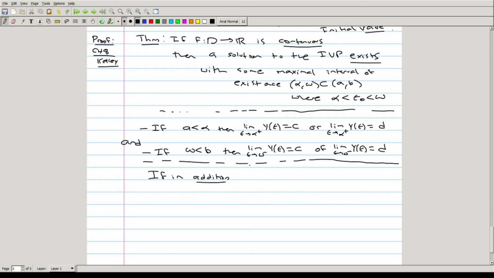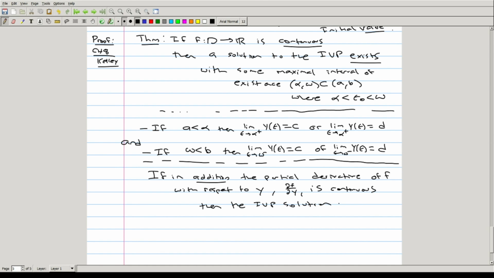So if in addition the partial derivative of f with respect to the dependent variable, so with respect to y, or df dy for short, is continuous, then the solution is unique.